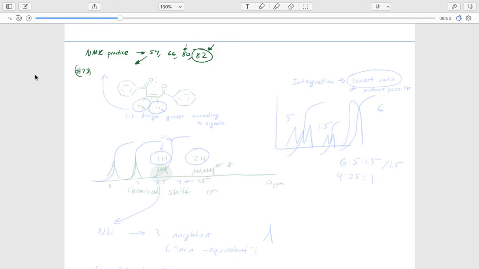So this looks like a benzene ring with a carbonyl, with an alkene, carbonyl, two hydrogens, and the spectrum looks like this, where it's chemical shift.